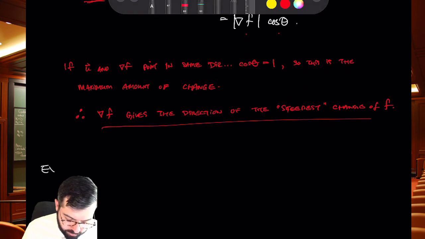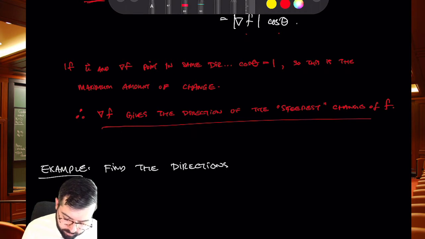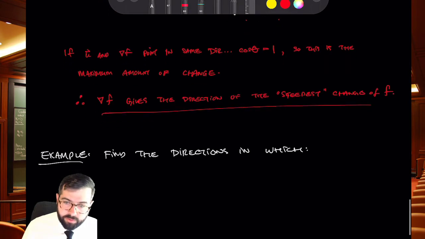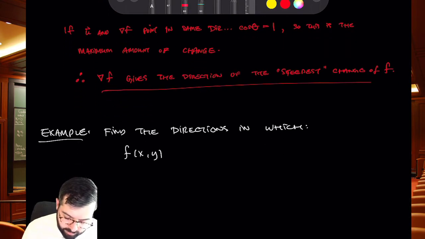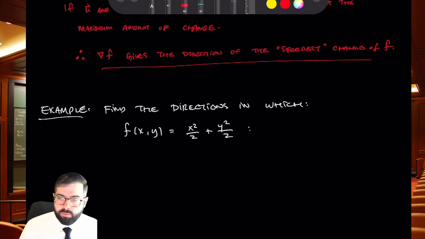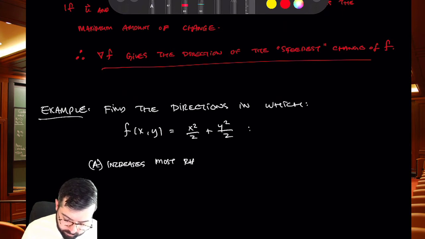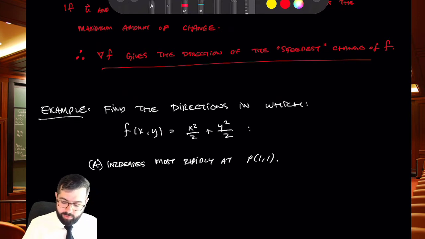All right, so let's put this to work. Find the directions in which the function f of x, y equals x squared over 2 plus y squared over 2 first increases most rapidly at the point 1, 1.